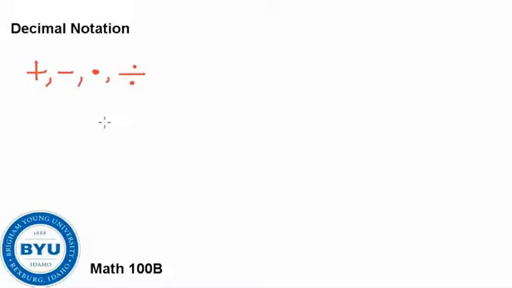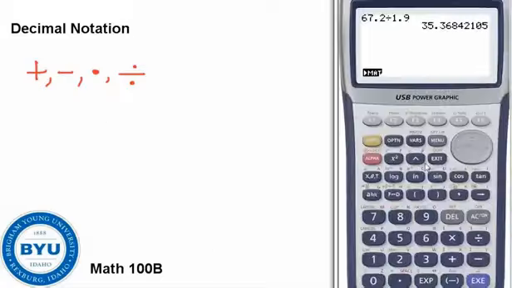When dealing with decimals, this is something that you probably learned before. And maybe you remember or maybe you don't, but what we're going to do really is just focus on, like we did with the fractions, working on this in our calculator. In your calculator, you have a decimal point, and you can do addition, subtraction, division and multiplication.